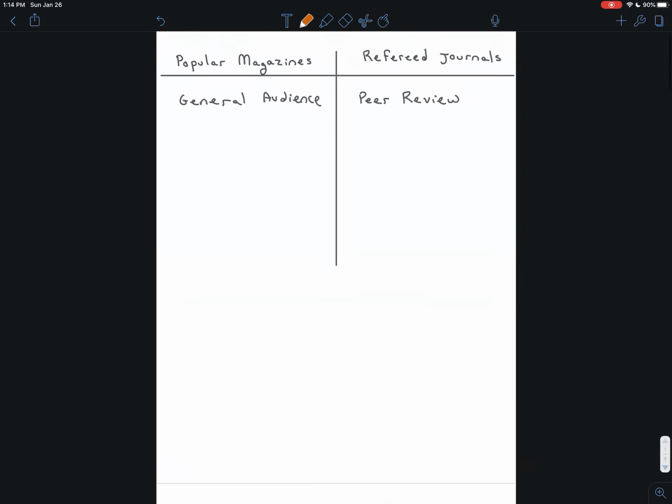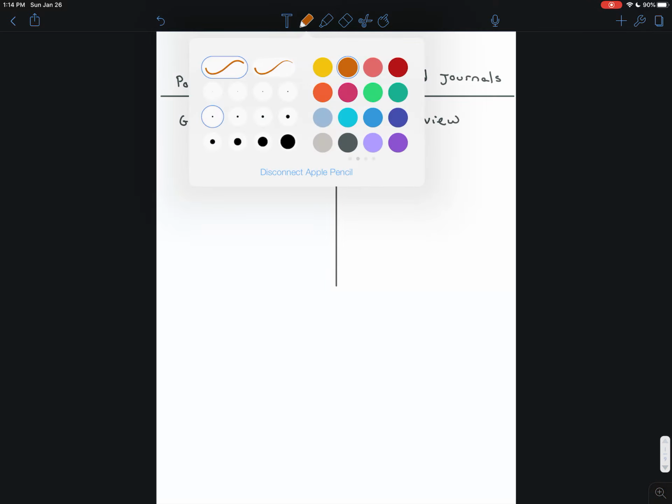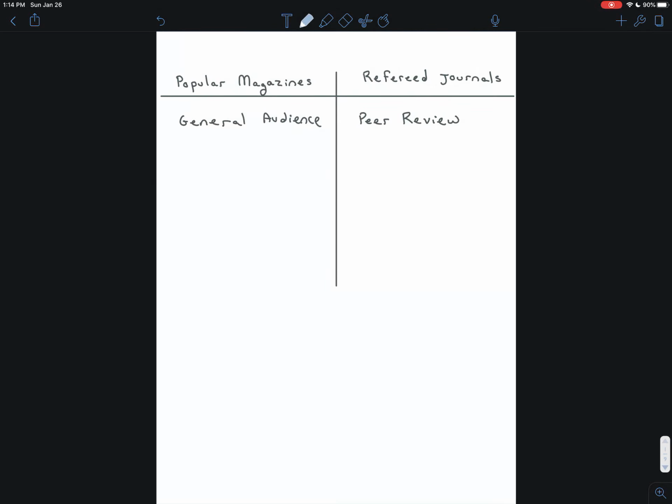One last thing is when you look at these journals, they stand apart from popular magazines because of all of the effort that's put in to peer reviewing them. But not all journals have equal prestige, and one thing you can use to gauge the prestige of journals is something called an impact factor.